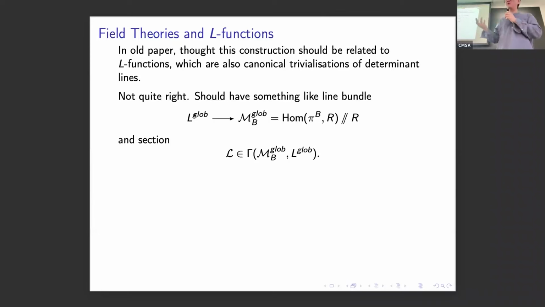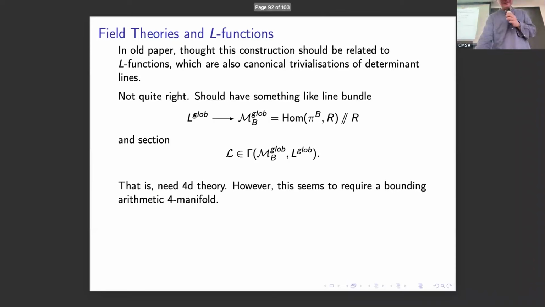That should be much more the flavor of what an L-function should be like. But I couldn't even conceive of such a thing because I was thinking about very naive aspects of TQFT, which I still am. That's where I'm stuck still. But nonetheless, getting such a thing seemed to require something like an arithmetic four-manifold. And you have to be much more speculative than I already have been. Imagine that there is such a thing, right?